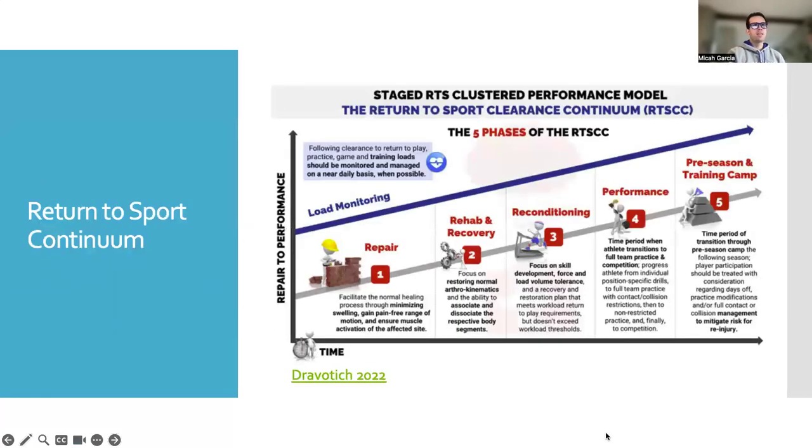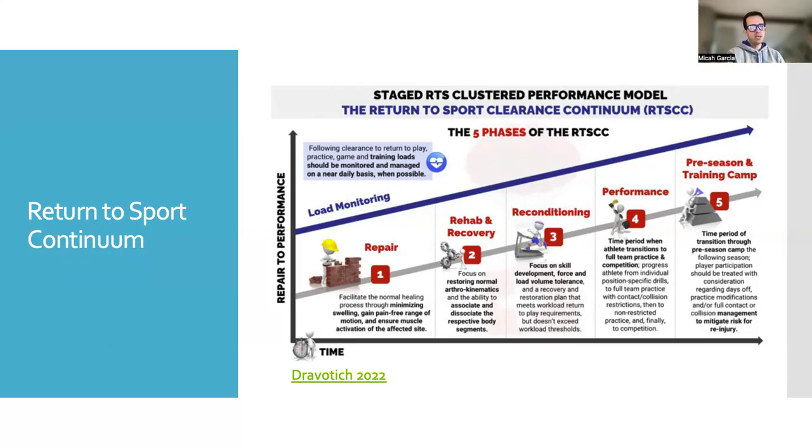We can also take a look at this nice visualization of the return to sport continuum, which essentially breaks it down into 5 different stages. So you'll have the repair stage, and this is where you're trying to facilitate the normal healing process, followed by the rehab and recovery, and this is going to be focused on restoring what we would consider normal movement patterns.